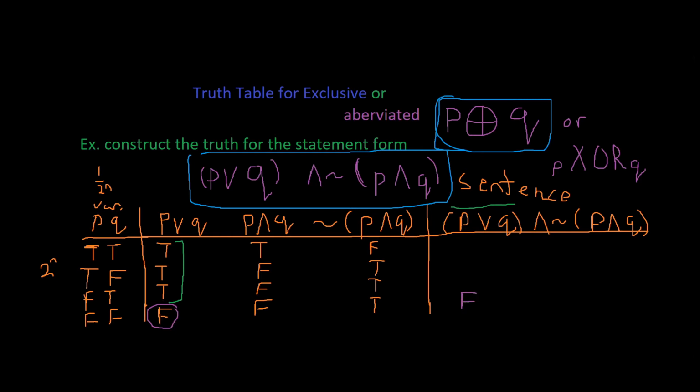Alright, so what's the next thing that we need to look at? Oh, we need to look at right here. This statement. And what's true? These are true. But this is false. And so we already know this is going to be false, because that portion of the sentence is false.